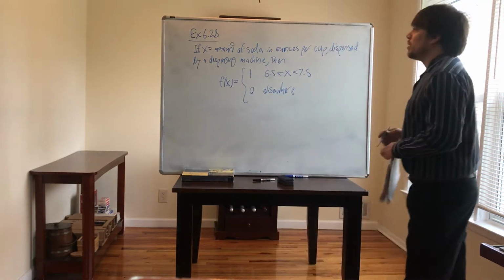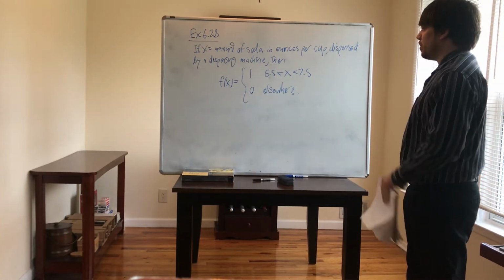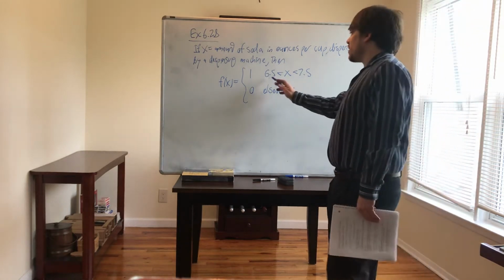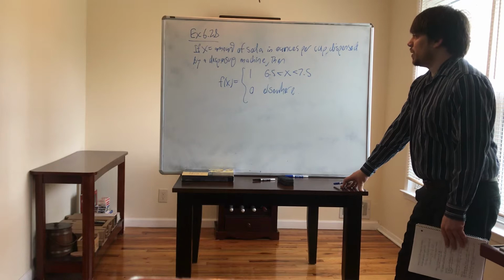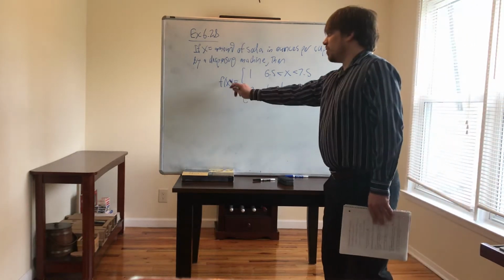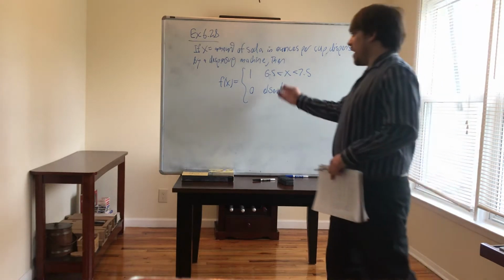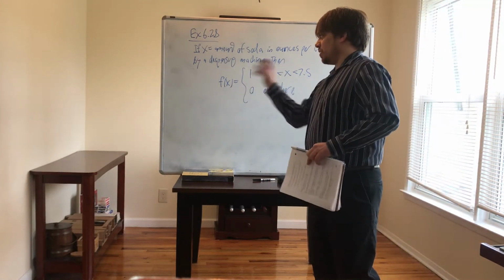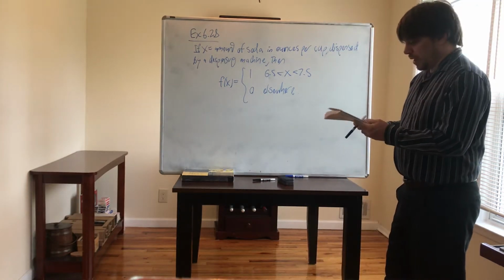Okay, so X is the amount of soda in ounces per cup dispensed by a dispensing machine. Then, if x is strictly between 6.5 and 7.5 ounces per cup, the density is 1.